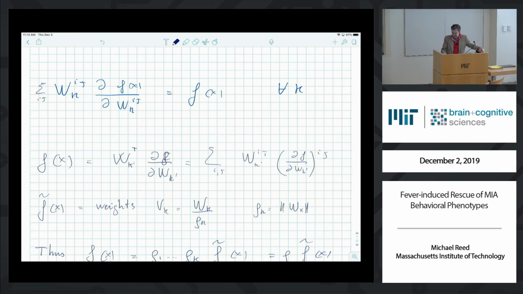And being careful, because sometimes I treat the W as matrices and sometimes as vectors. In this case, it should be vectors. I can write this, if I consider it as a vector, as a dot product of the vector W^k_ij and the derivative.